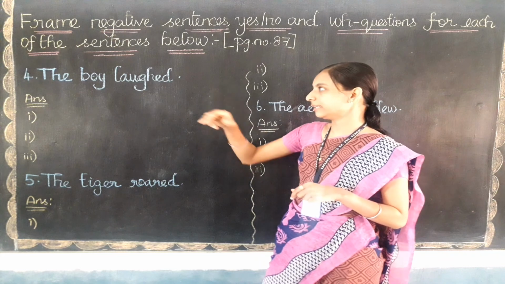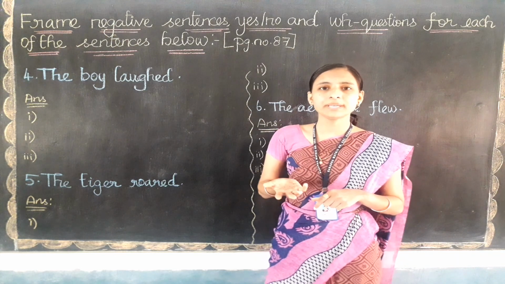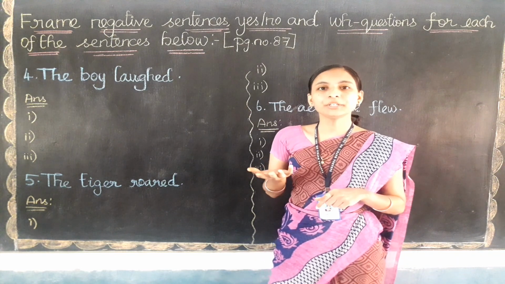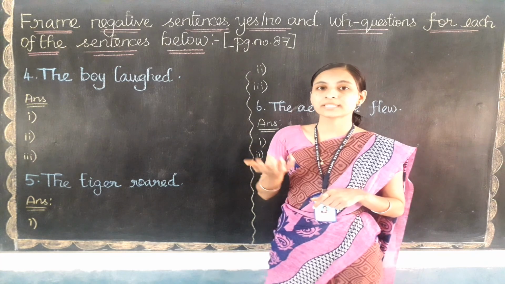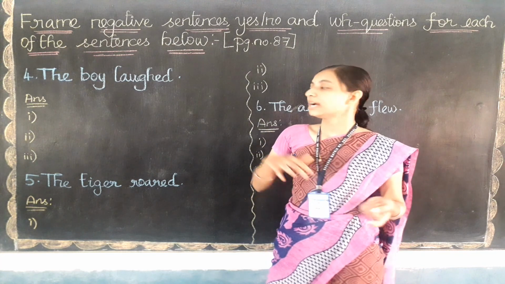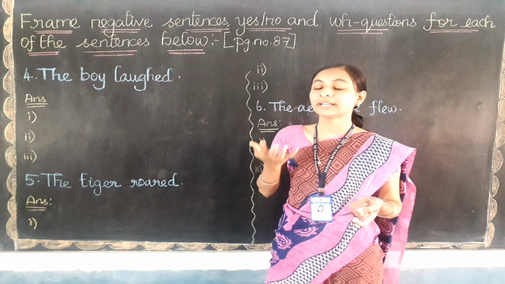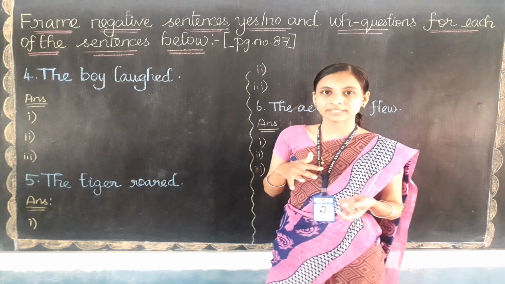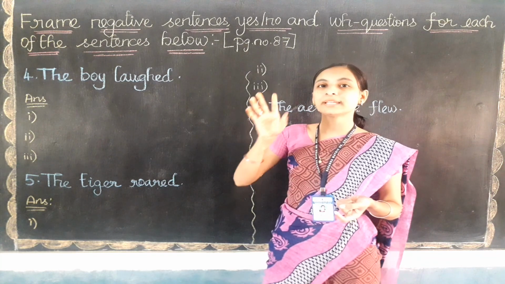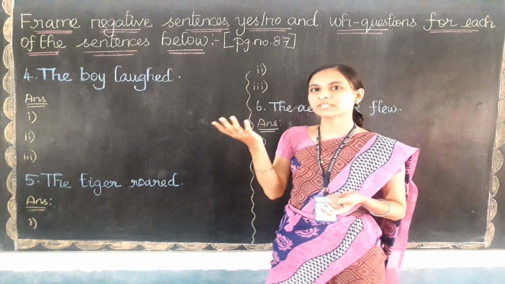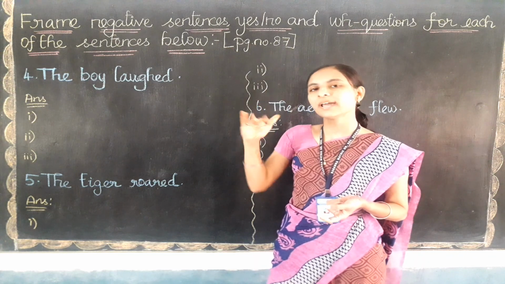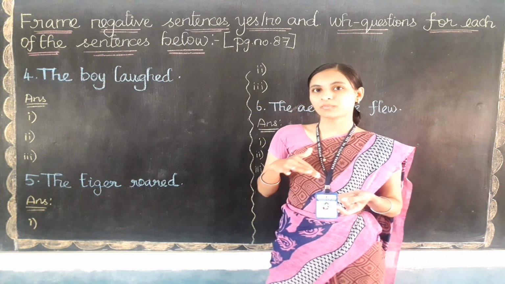So while framing a negative sentence, you need to use did, the past form of the do family verb, and we also need to add not after it. So the sentence will become: the subject, did not, and then the base form verb only.